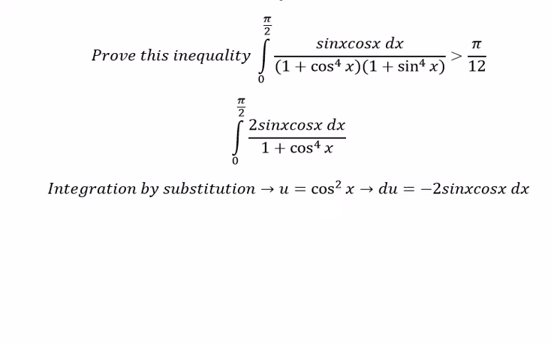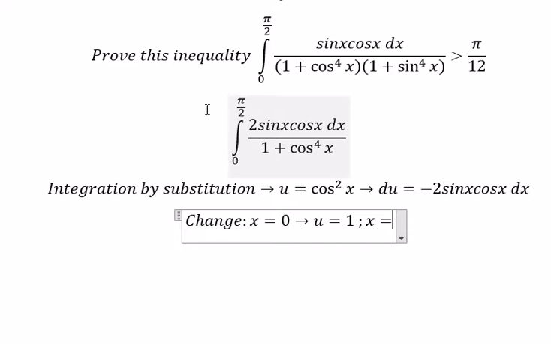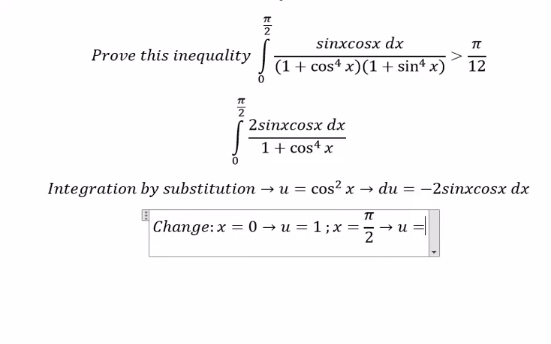Next, we need to change the bounds in here. If x equals 0, then u should be 1. If x equals pi over 2, then u should be 0.